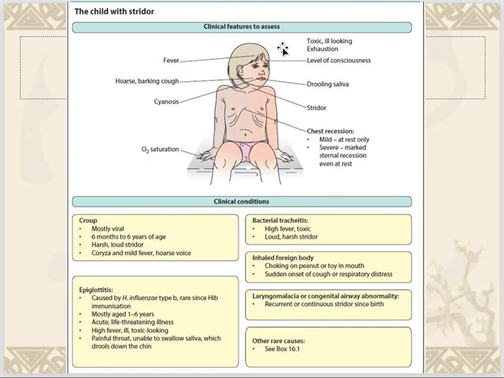So simply, you think whether the baby has any infection or you can find a source of infection.